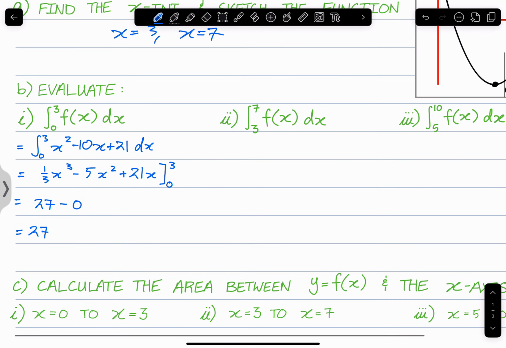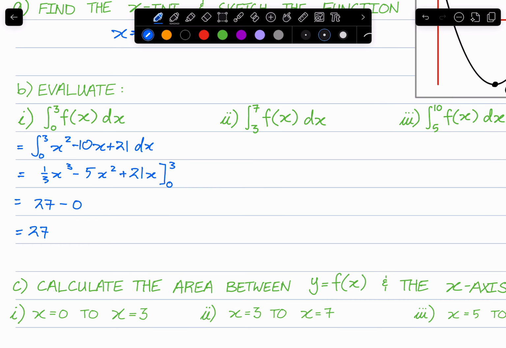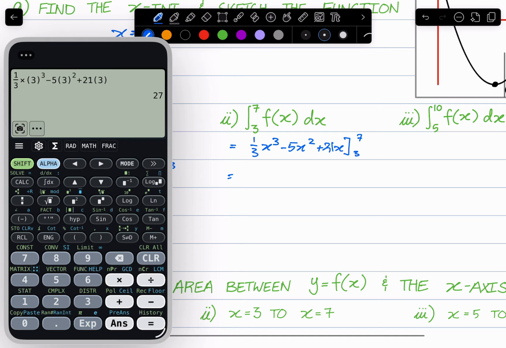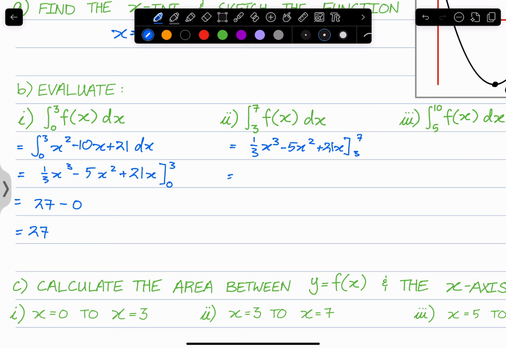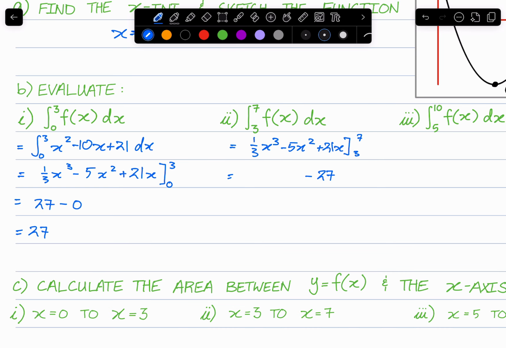Okay, for this one, I'm not going to rewrite the integral again. I now know it's going to be 1/3 x cubed minus 5x squared plus 21x. This time the boundaries or the domain is from 3 to 7. Substituting this in, we have the value when we substitute 3, so we know it's going to be minus 27.